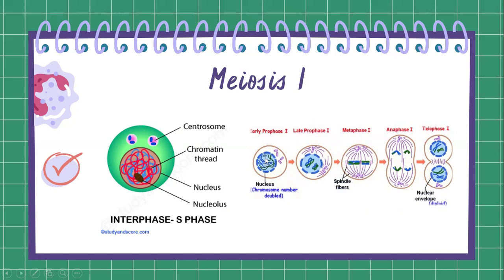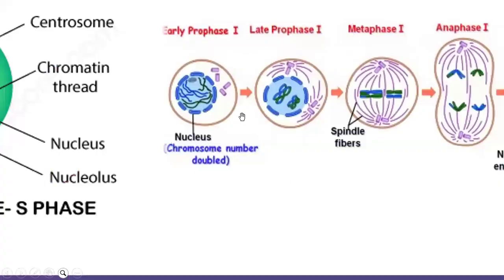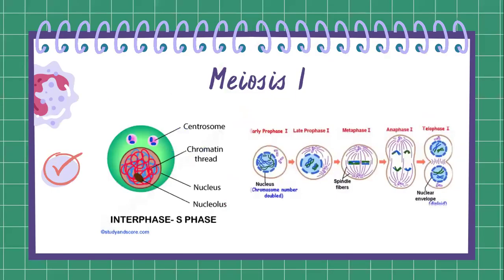Right after interphase, this would start, and you can see the doubling of the chromosomes. I'll show it with the magnifying glass. You can see in this diagram, every chromosome has two chromatids, right? It means they have gone through the interphase or S phase. And can you name the structure through which they are attached? This is the centromere. They are attached by the centromere.